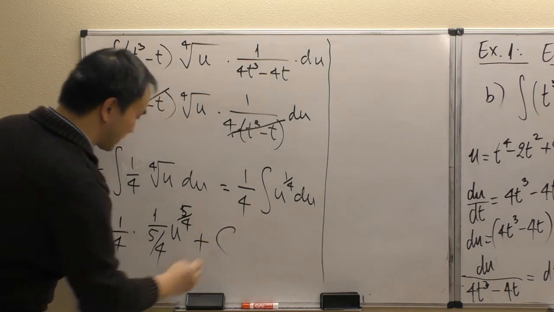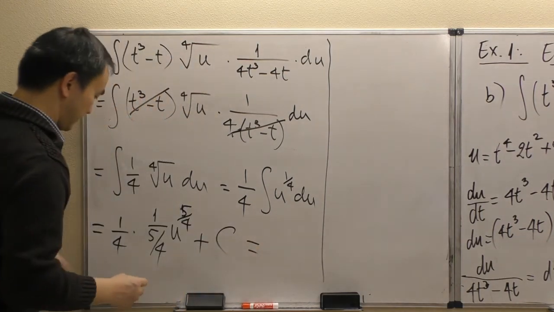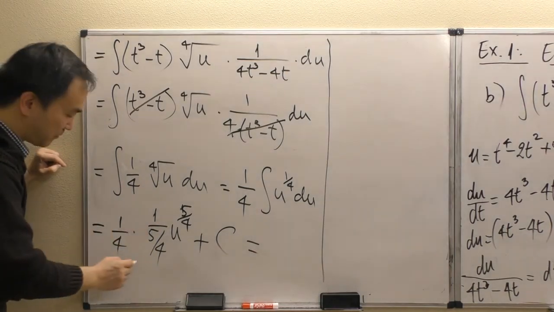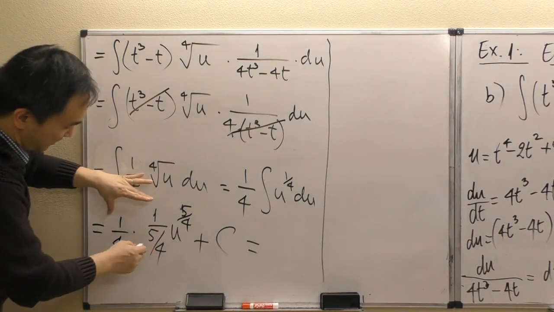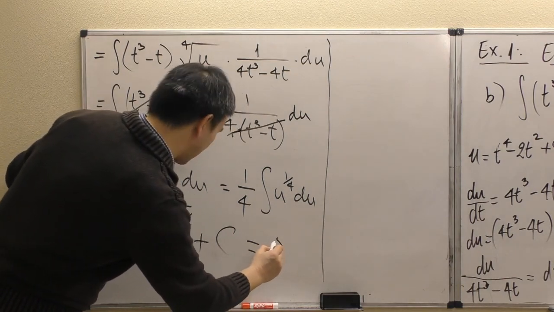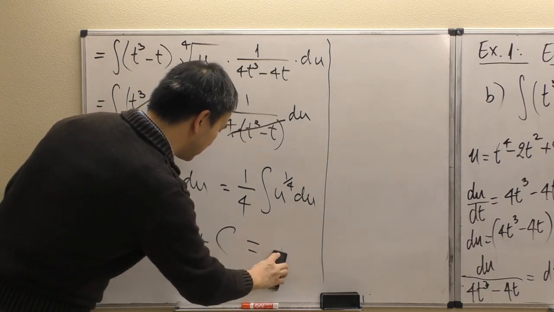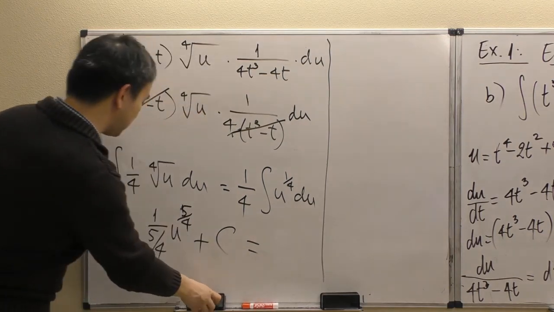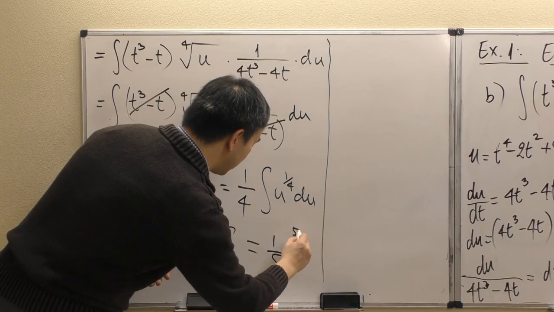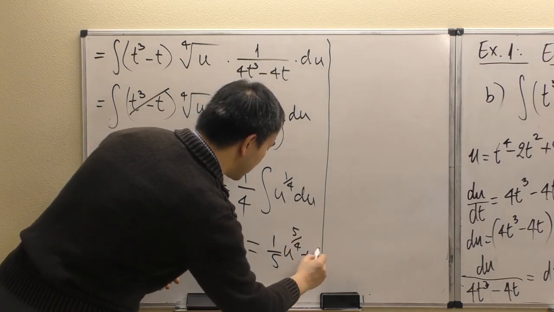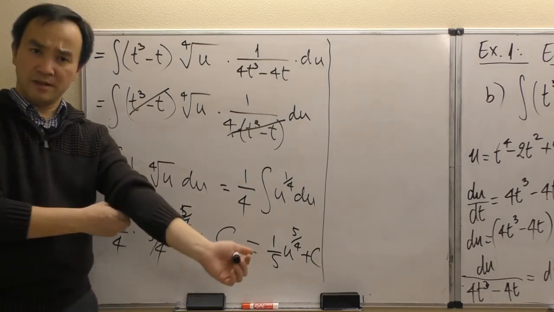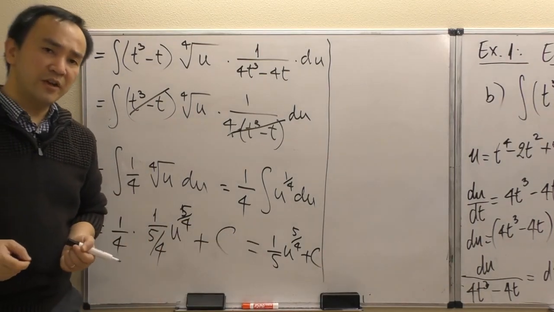Plus c, which is the same as, algebraically, you can quickly pull out paper and pencil to do the math right here, 4/5 times 1/4, which is 1/5 u to the 5/4 plus c. That's the current answer in terms of u, and that was a trivial integral.